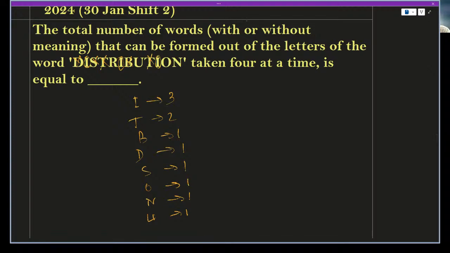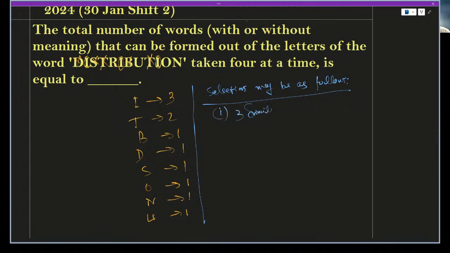So, selections may be as follows. What is that? Number 1, 3 similar, 1 dissimilar.